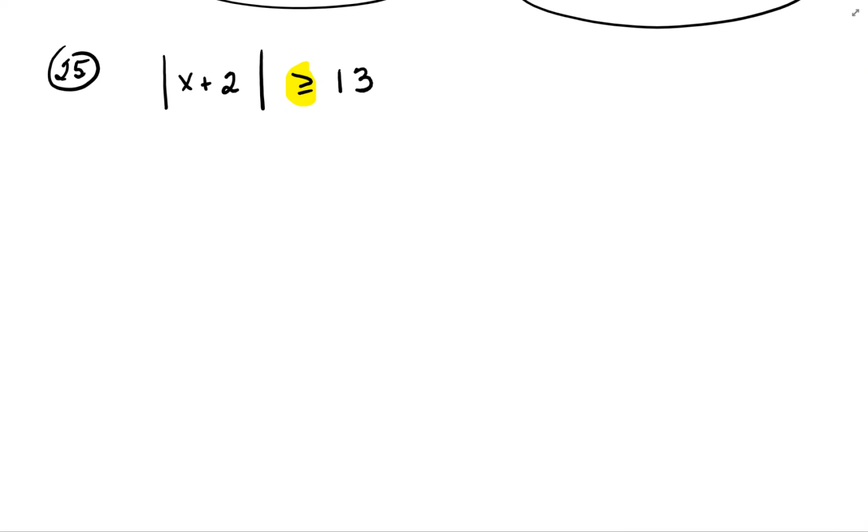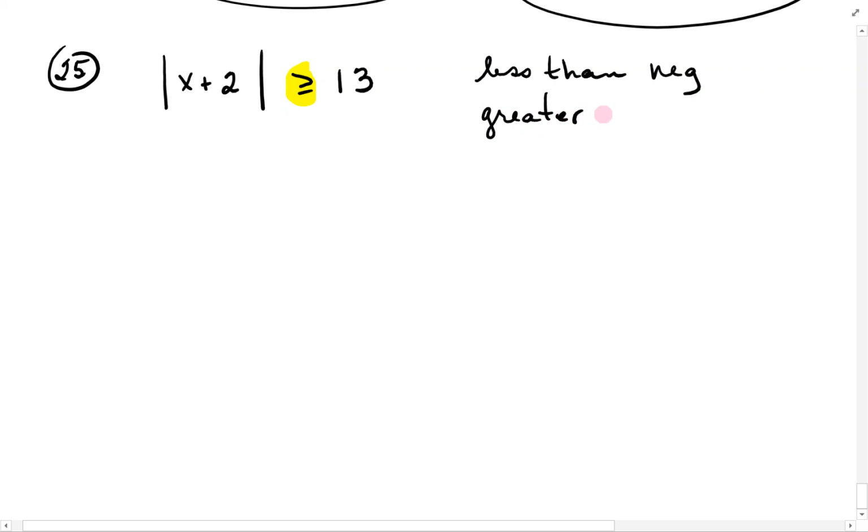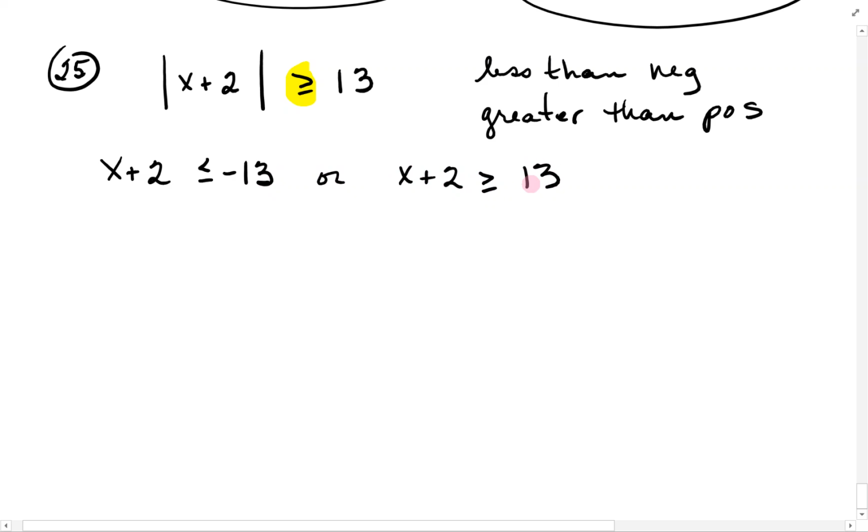When it says greater than, I'm going to take what's inside here and say less than the negative of the constant, or greater than the positive. It is not the between, it is the extremes. So I will say x plus 2 is less than or equal to negative 13, or x plus 2 is greater than or equal to positive 13.